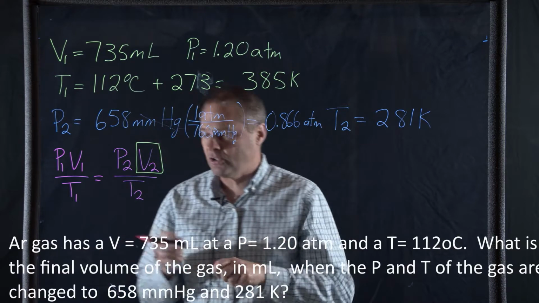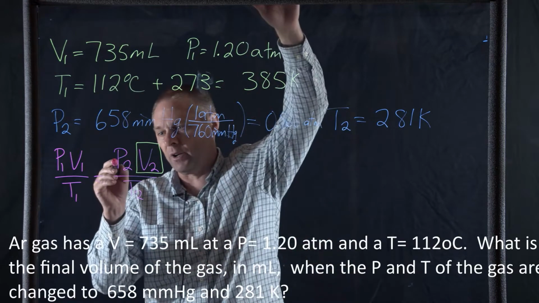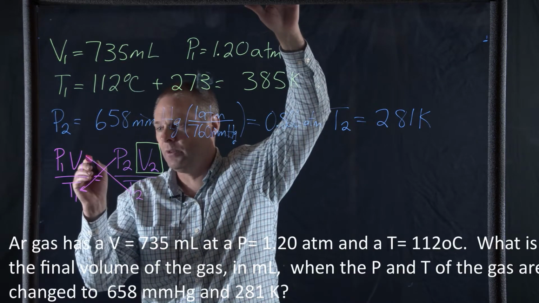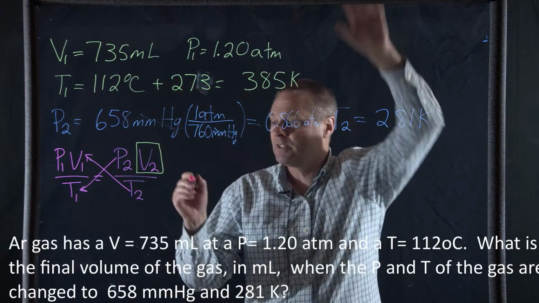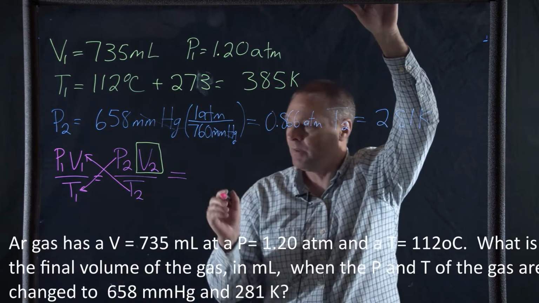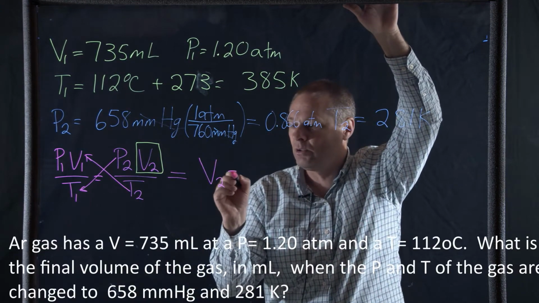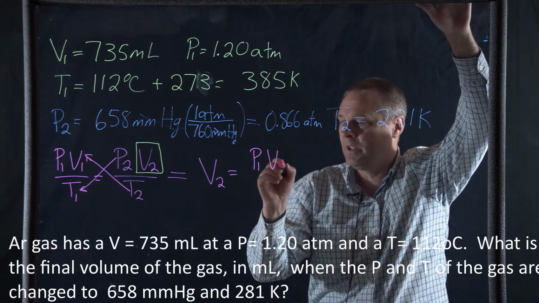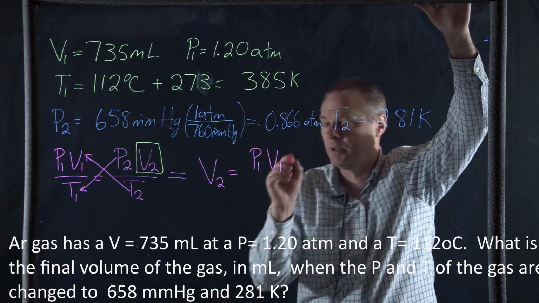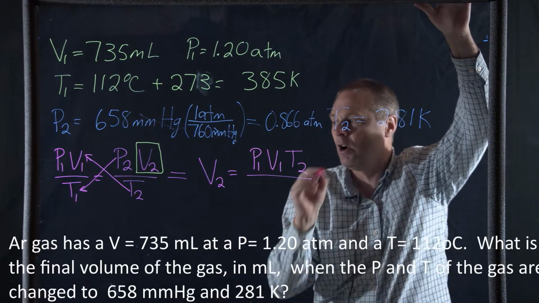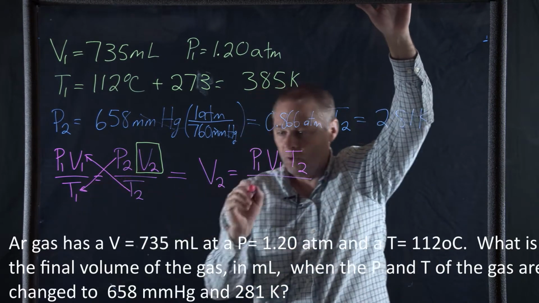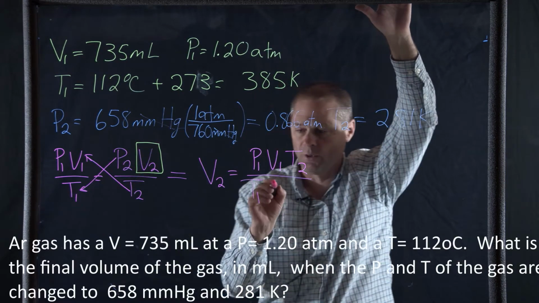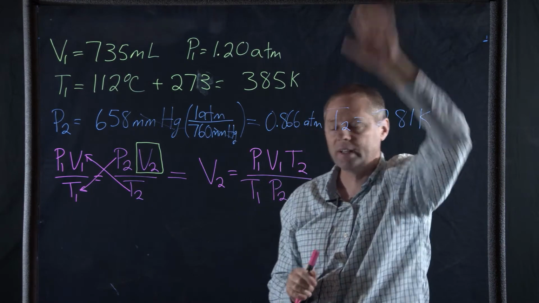And how we're going to do that is we're going to cross multiply. We're going to move P2 down here, and we're going to move T2 up there, such that V2 is going to be equal to P1 V1, moving the T2 up here, so this becomes T2 all upon, now we already have the T1 in the denominator, and the P2 is going to join it, all right, as such.